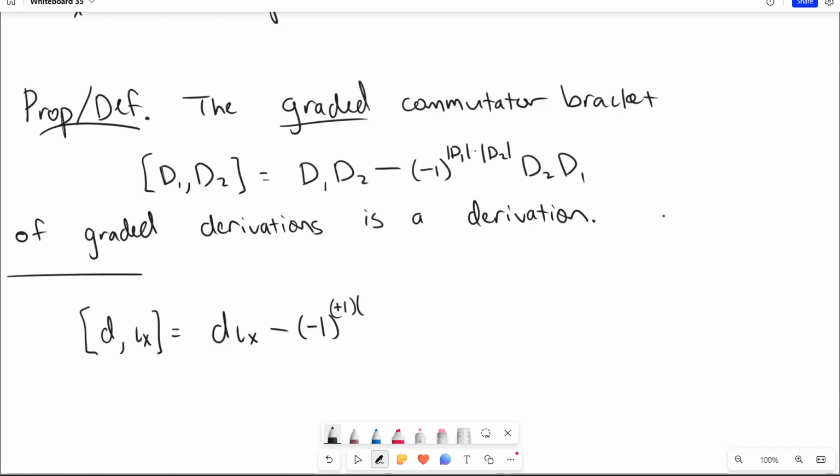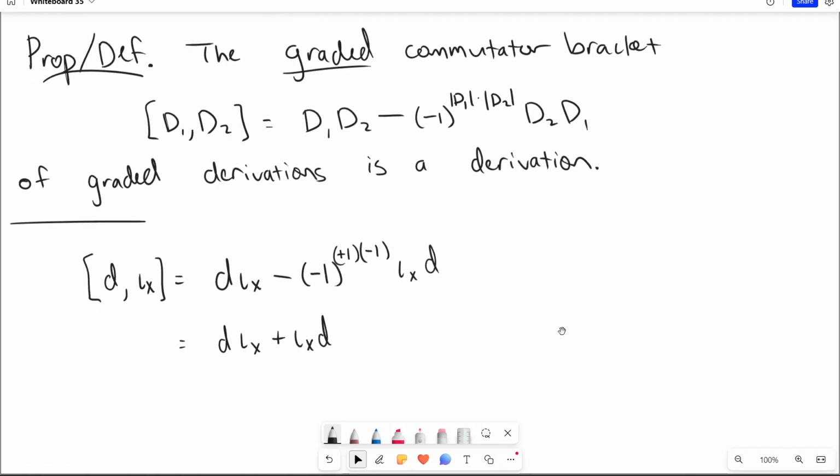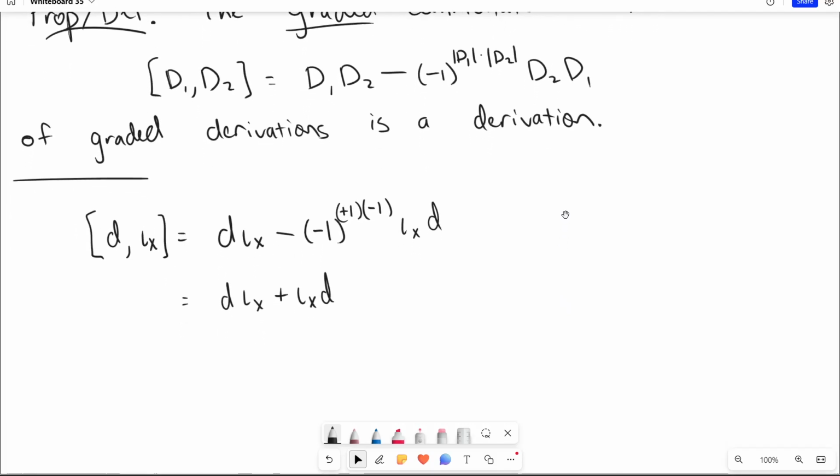And then interior multiplication is degree minus 1. And then this is i_X d. And this whole thing is just minus 1 to the power of minus 1, so minus 1 is plus. So d i_X plus i_X d. So in this way, we can see that the right-hand side comes up in a very natural way. It's not just some random commutator. You just have to interpret it in the graded sense.